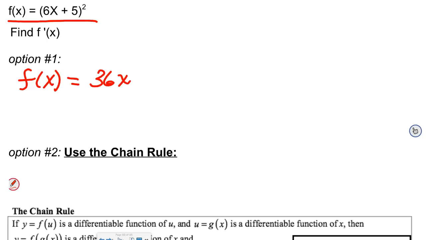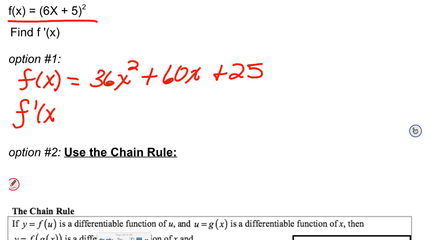36x squared. Outside 30, inside 30x, combined for a 60x. Lasts of 25. So if I expanded that, I could just use my power rule. And no new info would be necessary. So when I power rule this, I'll get a 72x, bringing the power out front. I'll get a 60.